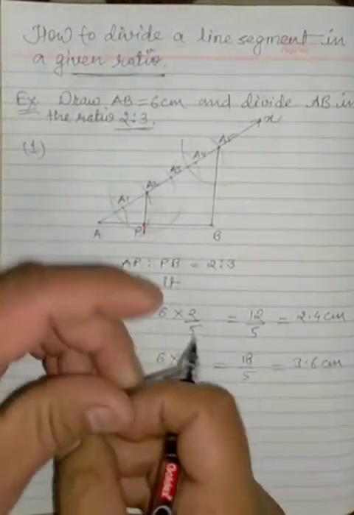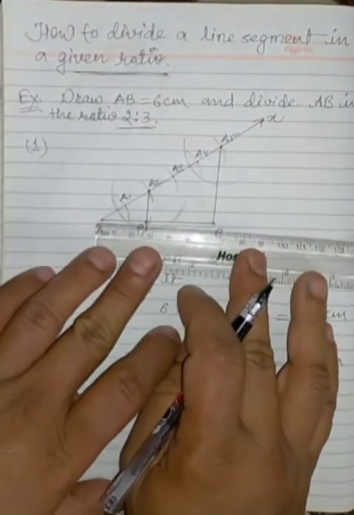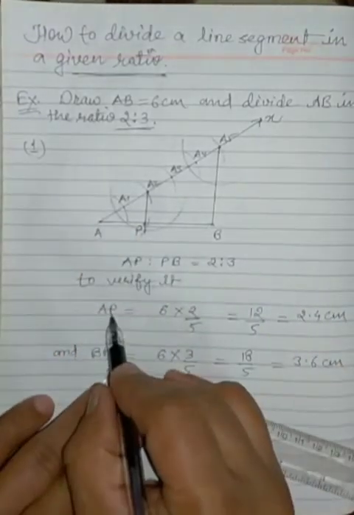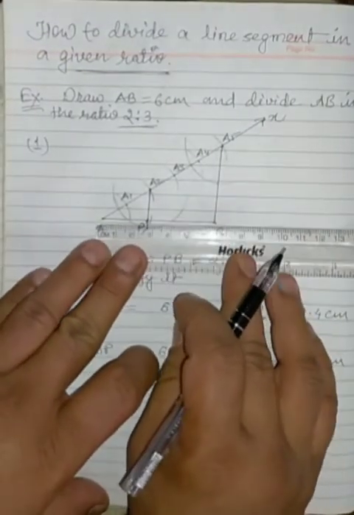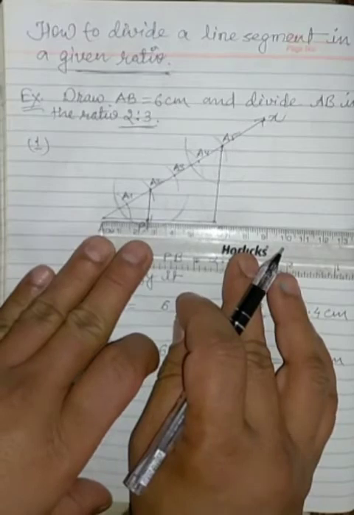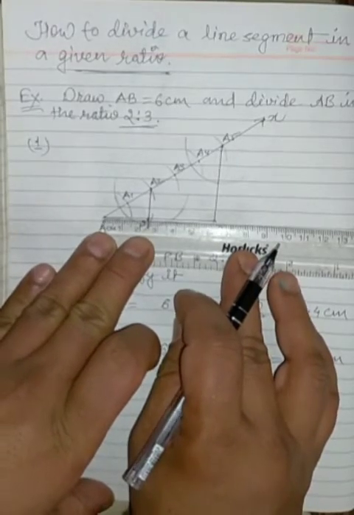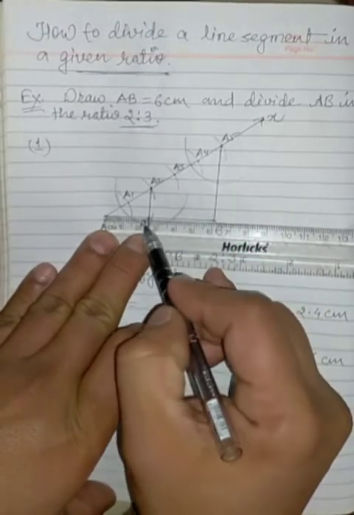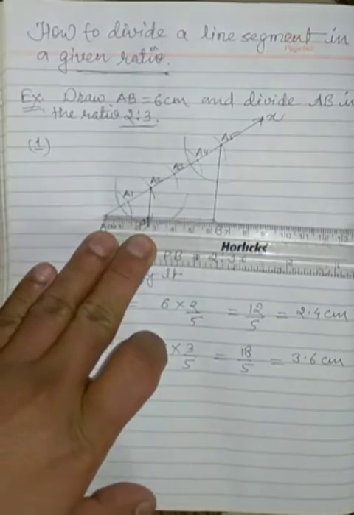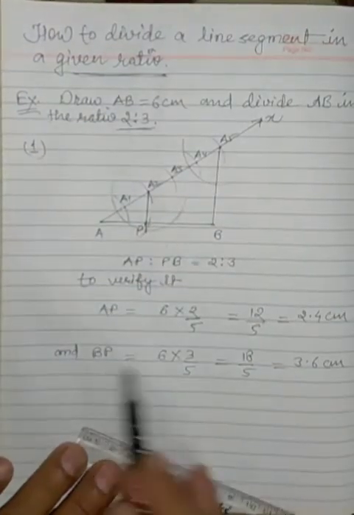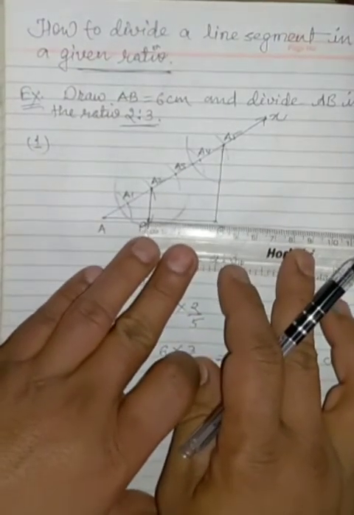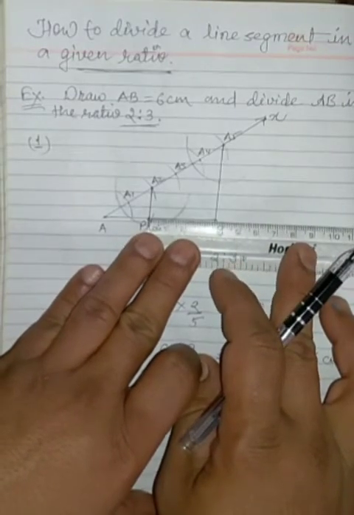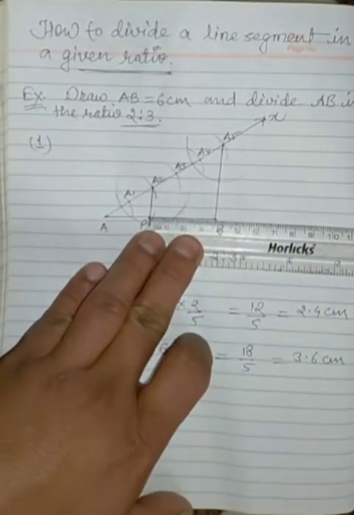Now let us check it. We have got AP equal to 2.4, so the length AP is exactly 2.4 centimeters, as you can see, and the length BP is 3.6 centimeters.